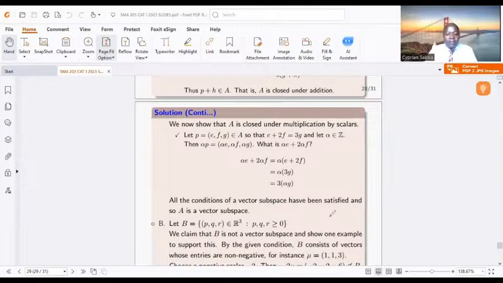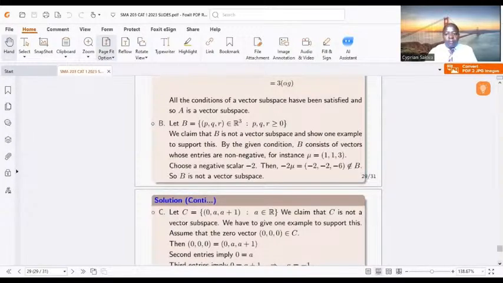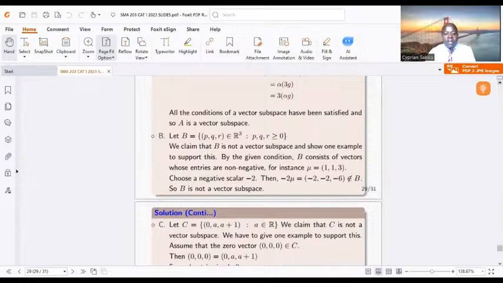Let's look at this other one and see whether it also is a vector subspace or not. If it's not, we just give one example. This is subset B. We are told subset B consists of vectors whose elements are non-negative.